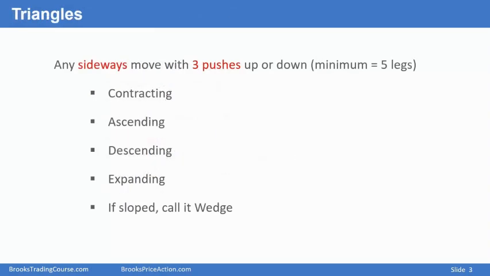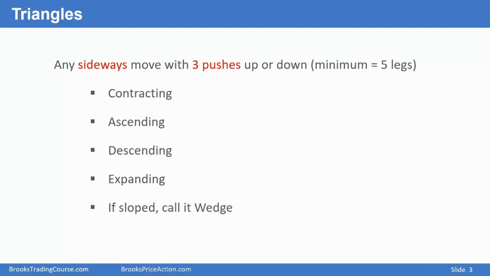I use a broad definition for a triangle. Any sideways move with 3 pushes up or down is a triangle. If you have 3 pushes up, you have at least 2 pushes down. The minimum requirement then for a triangle is 5 legs. It's a sideways pattern. It can be contracting. The legs could be getting smaller.